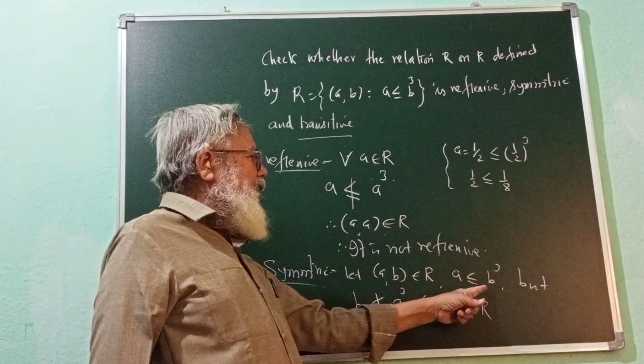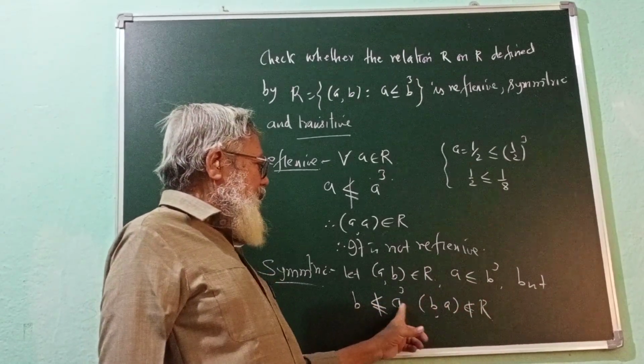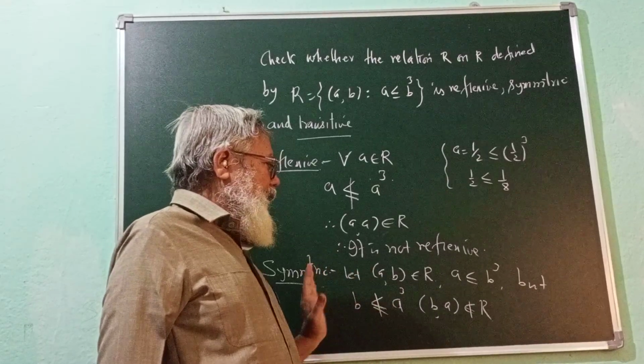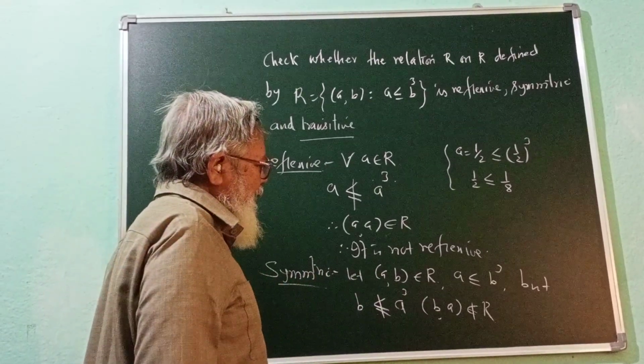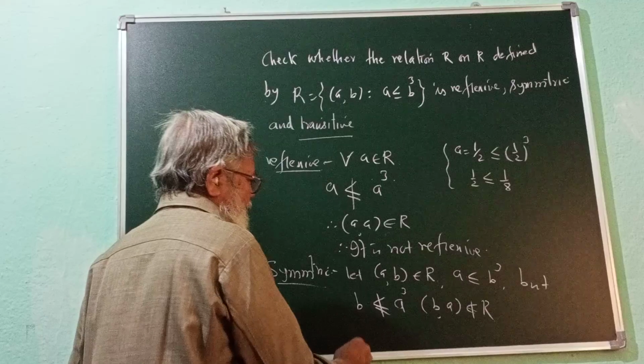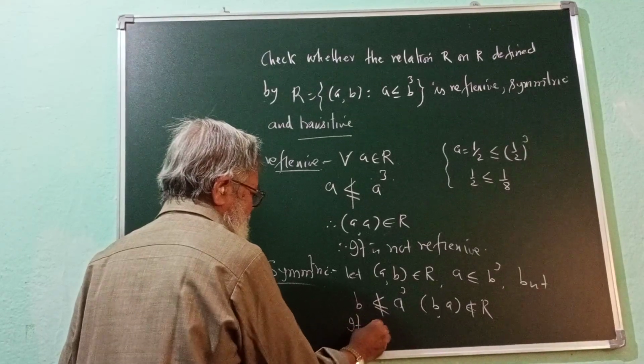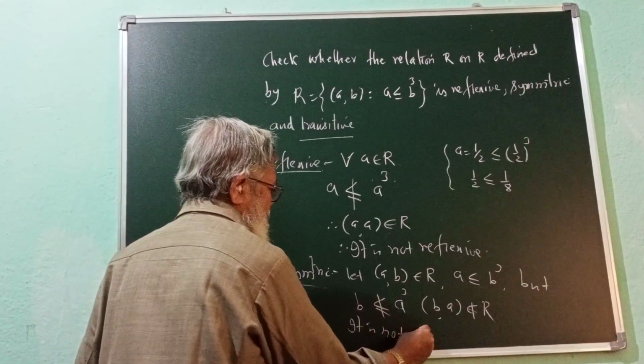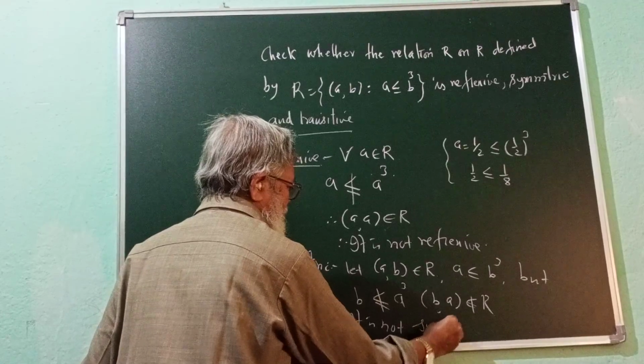When a is less than or equal to b cubed, we cannot say that b is less than or equal to a cubed. It is not possible. You can guess it by taking an example, taking values of a and b. Therefore, (b, a) does not belong to R. Therefore, it is not symmetric.